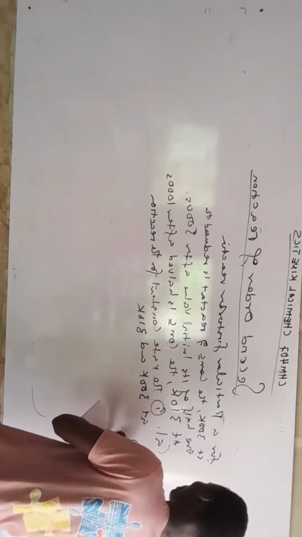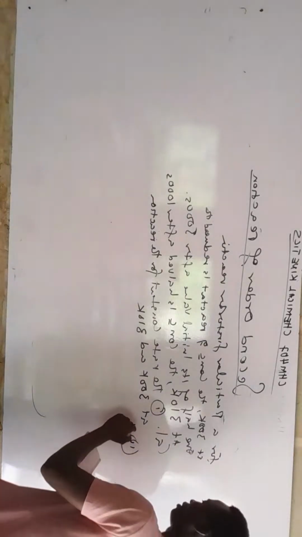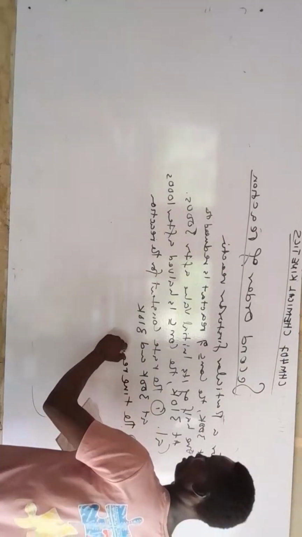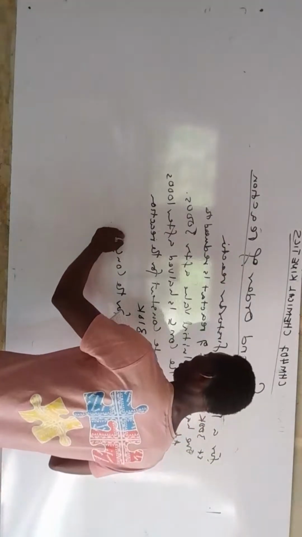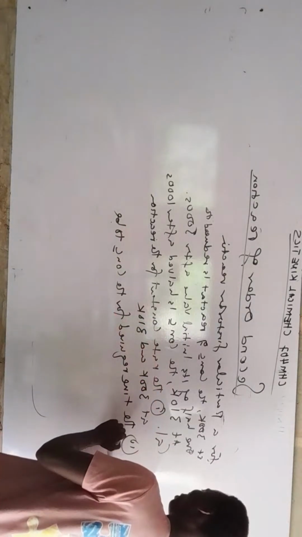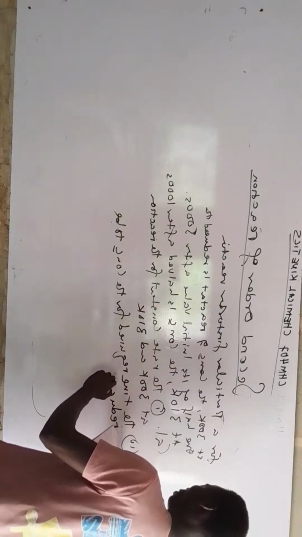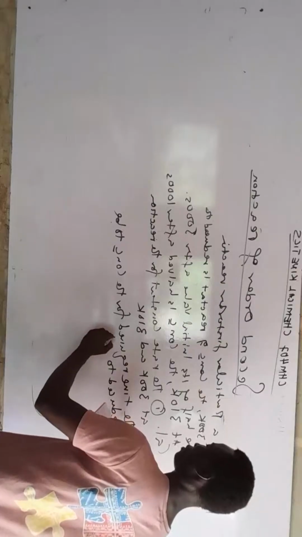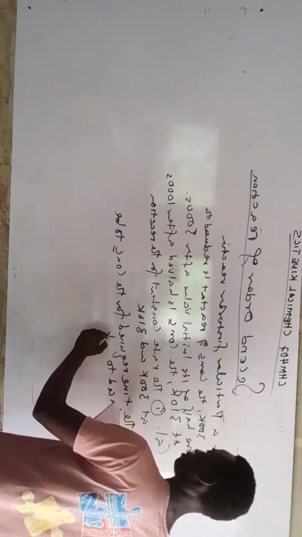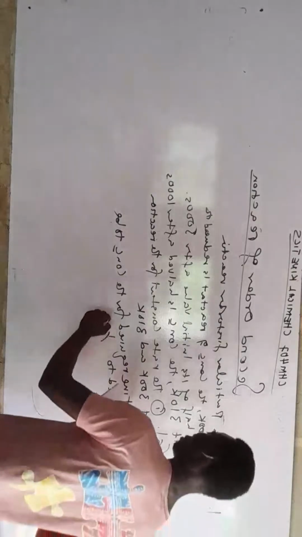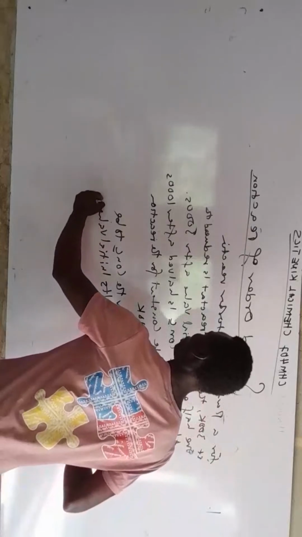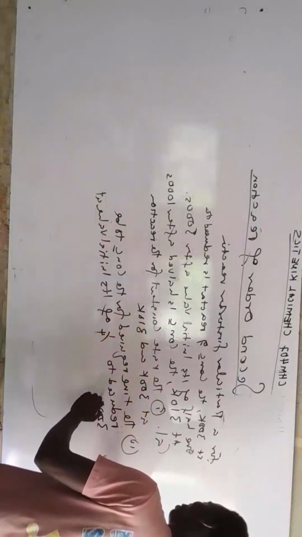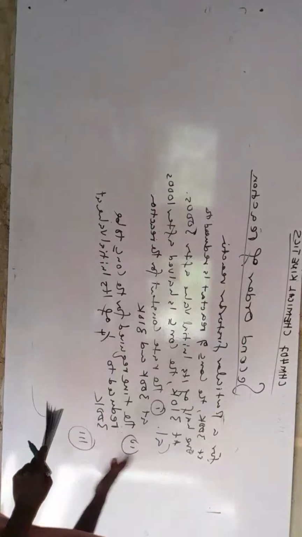Roman figure 2 asks us to calculate the time required for the concentration to be reduced to 1/4 of its initial value at 300K.